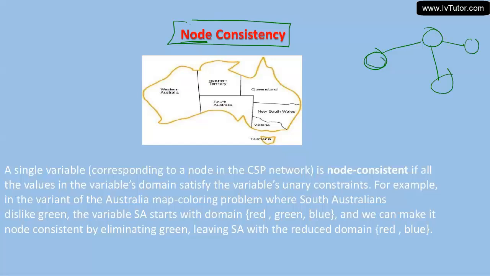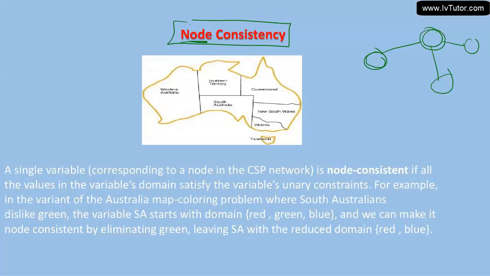It is that point. So we say that a variable, or a node, is node consistent if all the values in the variable's domain satisfy the variable's unary constraints, right?